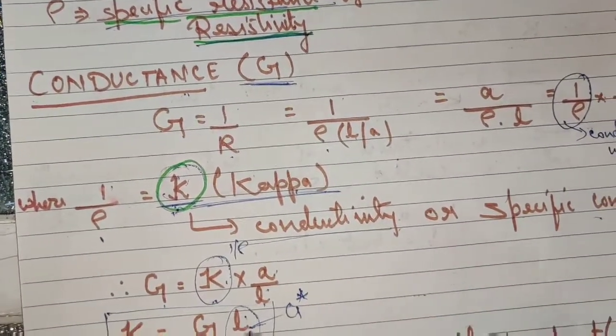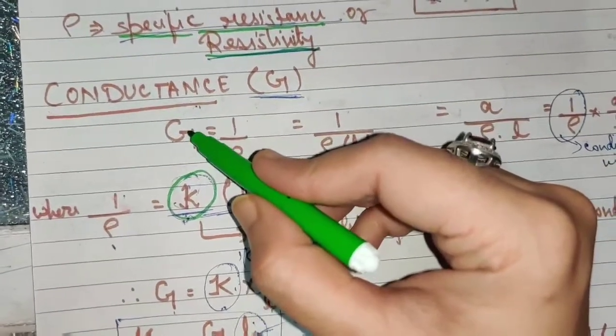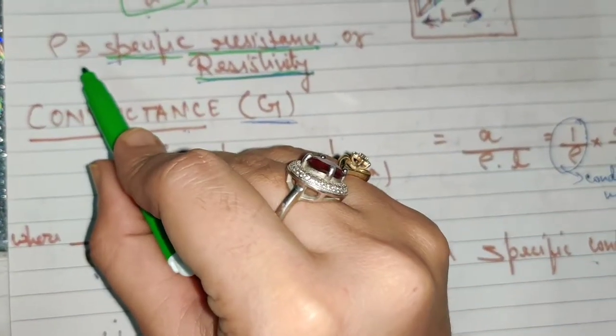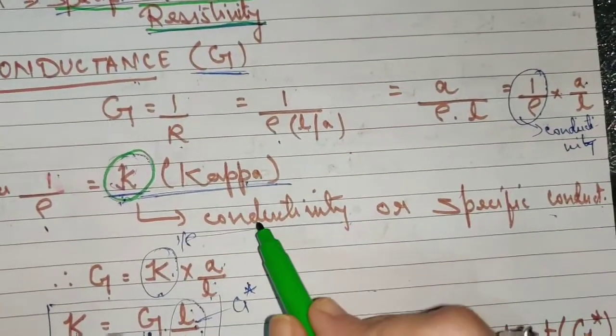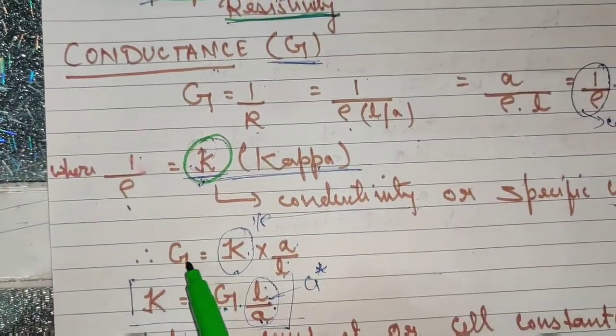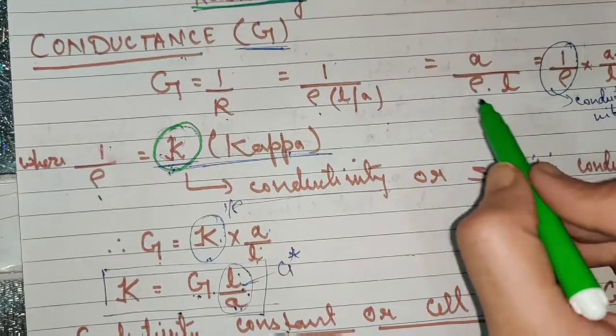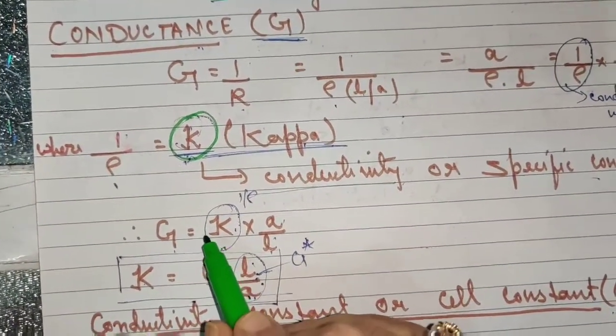I hope it is clear to you. Reciprocal of resistance is conductance and reciprocal of specific resistance is specific conductance, which is denoted by kappa, and specific conductance is also known as conductivity. So in place of this formula, you can write conductivity is equal to specific conductance.